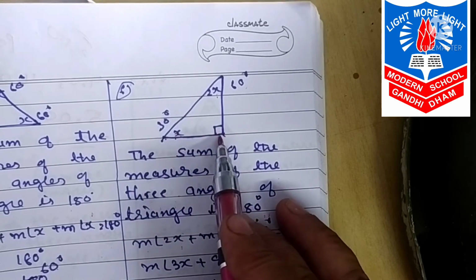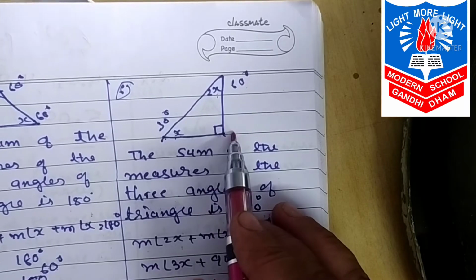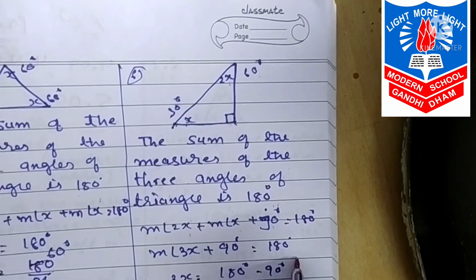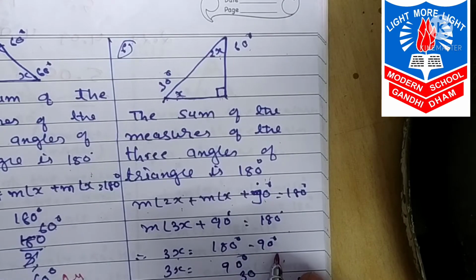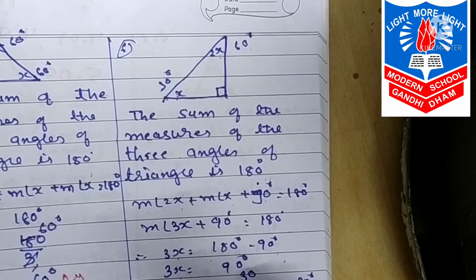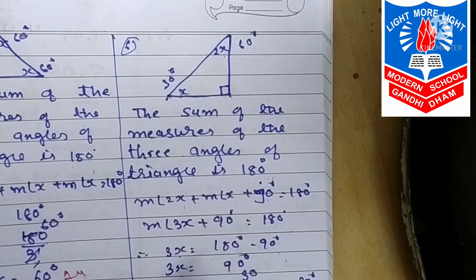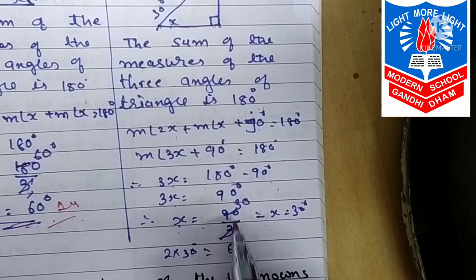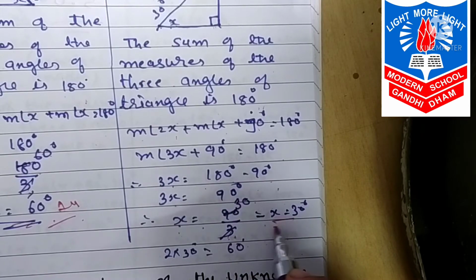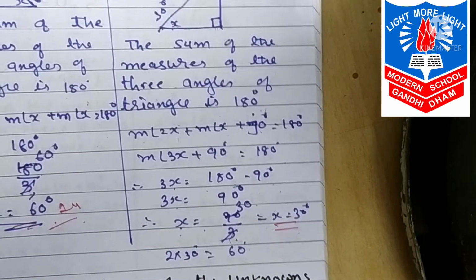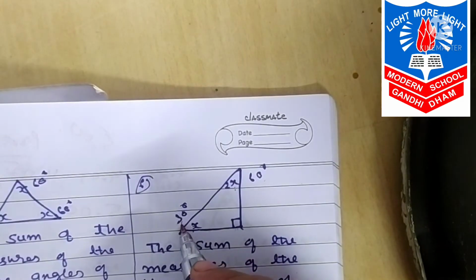Here no measurement is given, but here is a right angle, so we take 90 here, is equal to 180. So 3x is equal to 180 minus 90. So 3x is equal to 90 degree. Therefore, x is equal to 90 divided by 3. 3 ones are 3 and 3 threes are 9, means x is equal to 30 degree. So we write here x is equal to 30 degree.